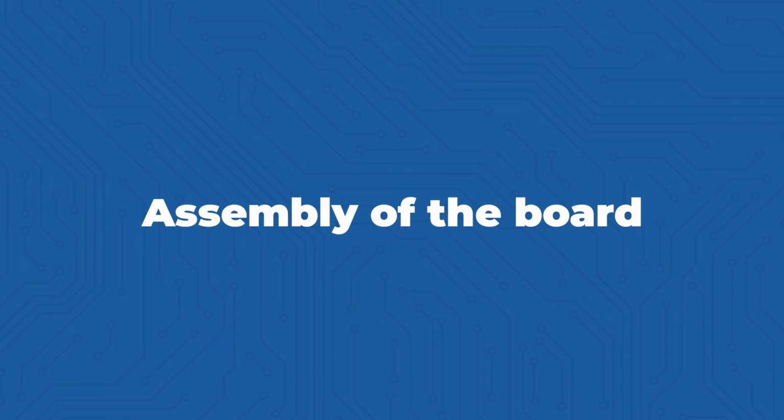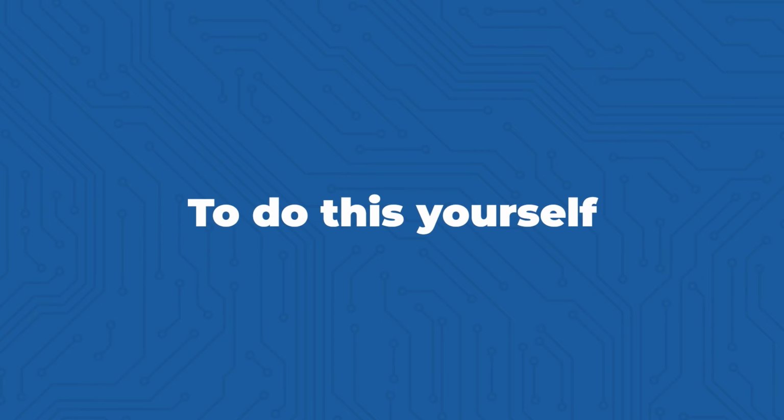There are different ways you can go about this. One option that isn't really feasible for most projects is to do this yourself. You could potentially purchase the empty boards and then solder on all the components yourself. If you're good at soldering and your design is quite simple and doesn't include any leadless components, then this may be a viable option, because the board assembly is going to be the most expensive part of having a board prototyped.